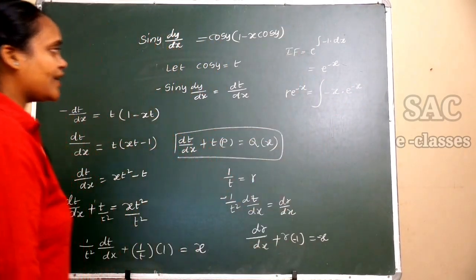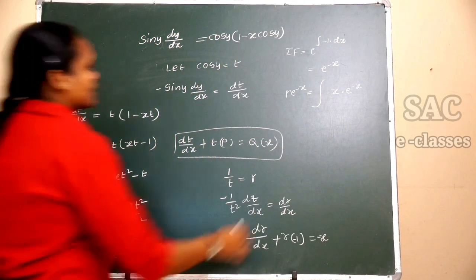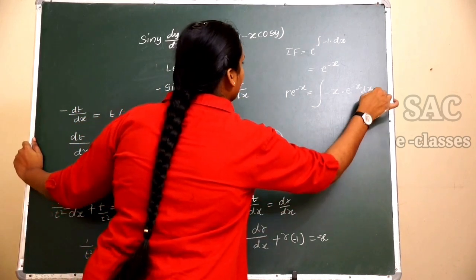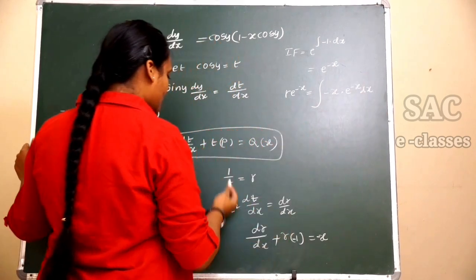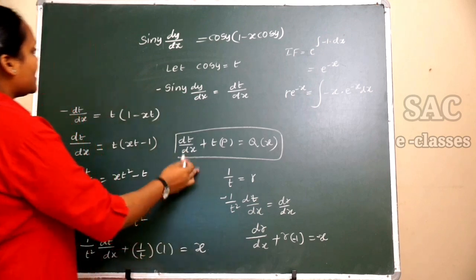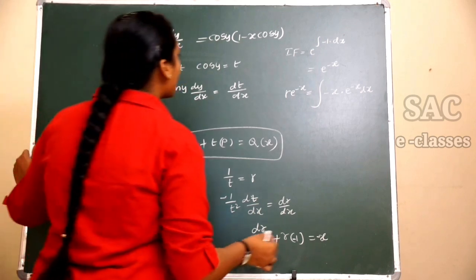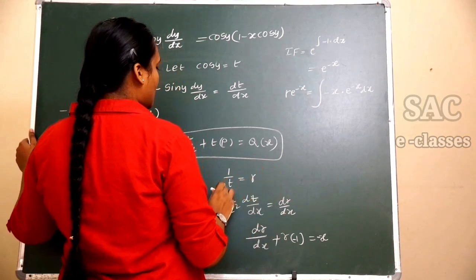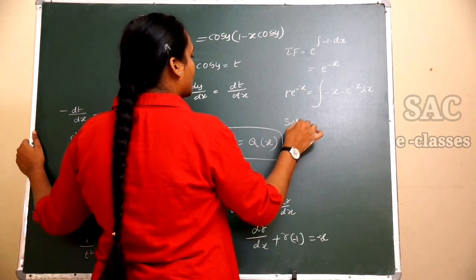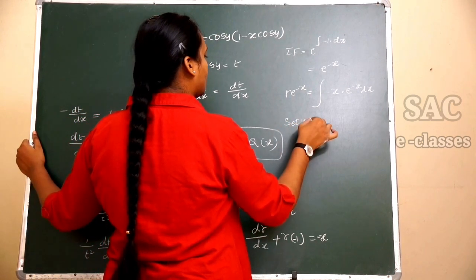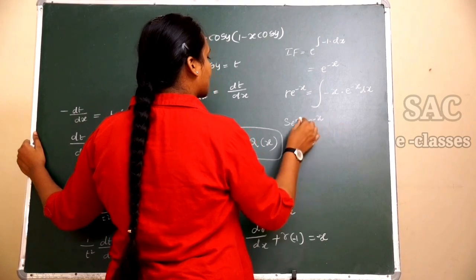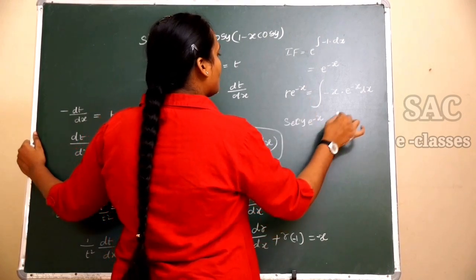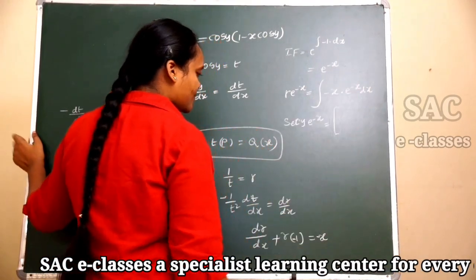We are going to find the integration for this. R means 1 by t, and 1 by t is cos y. So 1 by cos y means secant y. So I am writing here: secant y into e power minus x is equal to the integration of minus x into e power minus x.